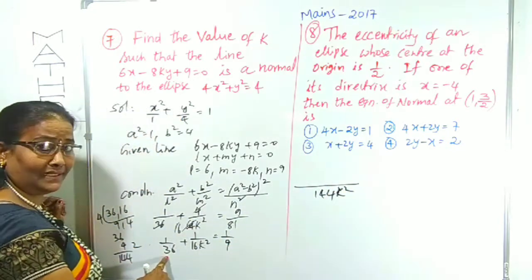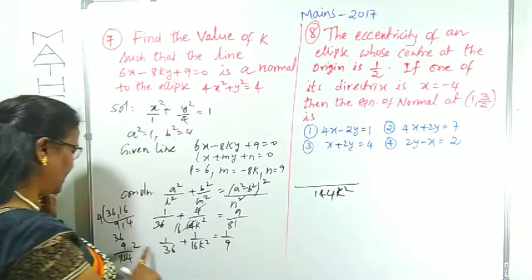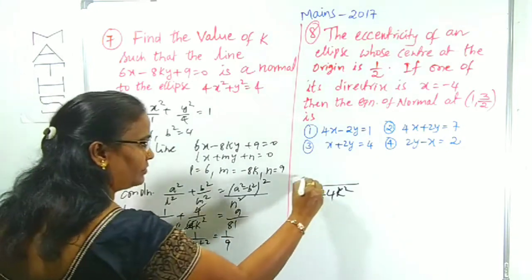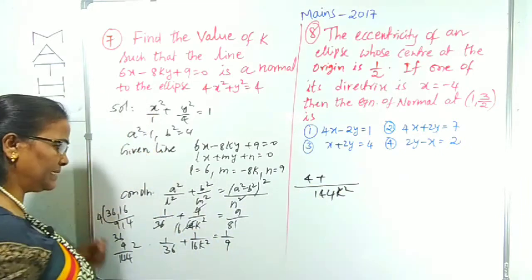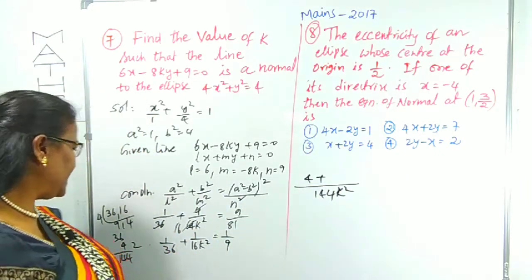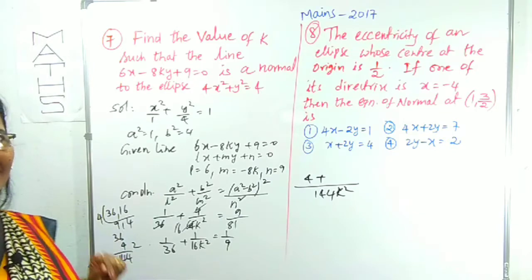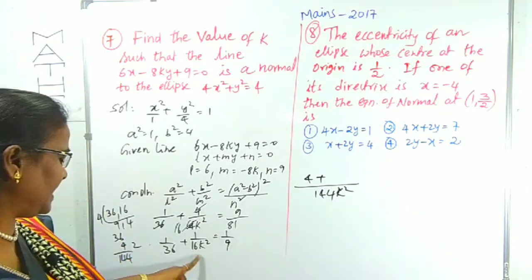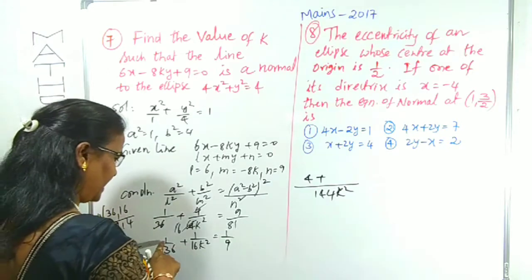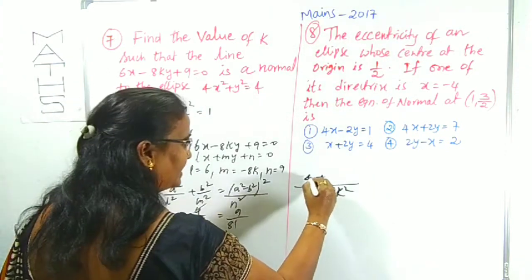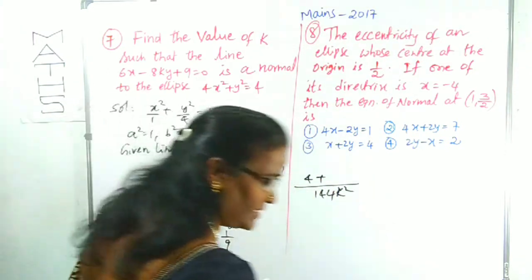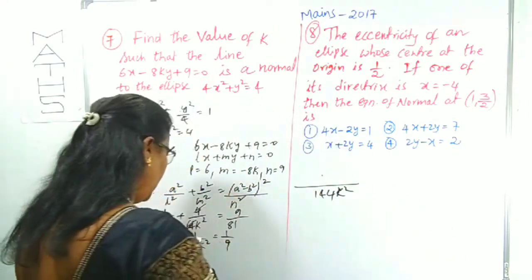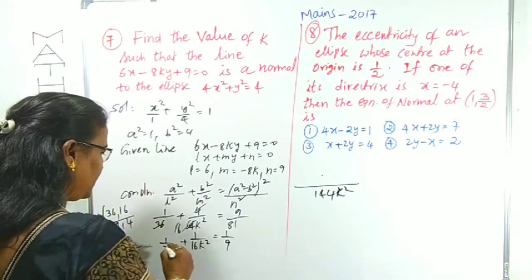Already here what is there? 36. 36 cancels in 144 four times, so that is 4, plus 16 9s are 144, therefore 16k square here we can write 4k square.